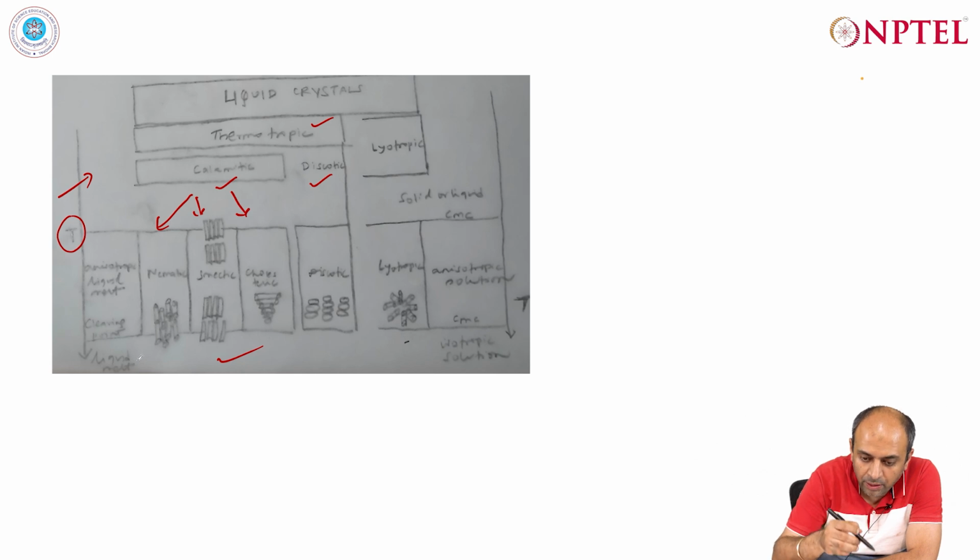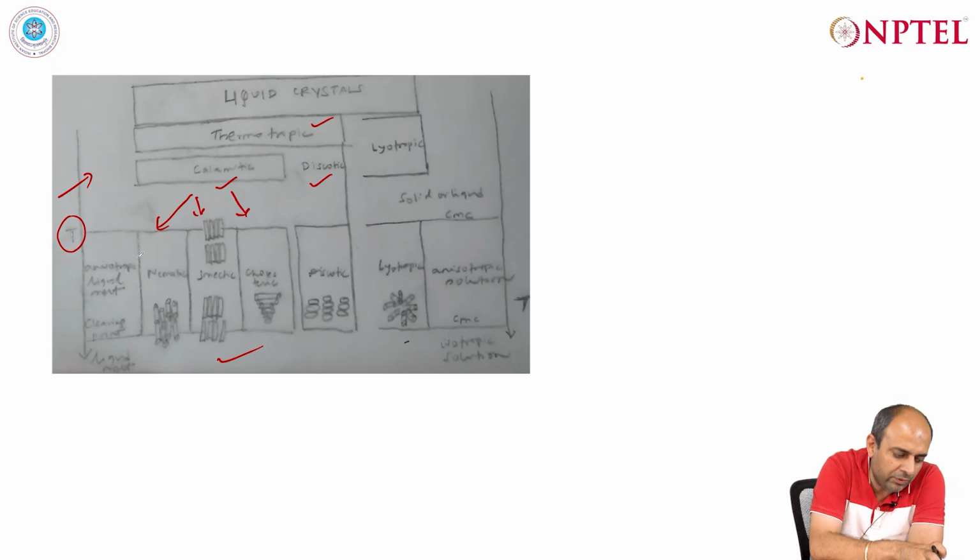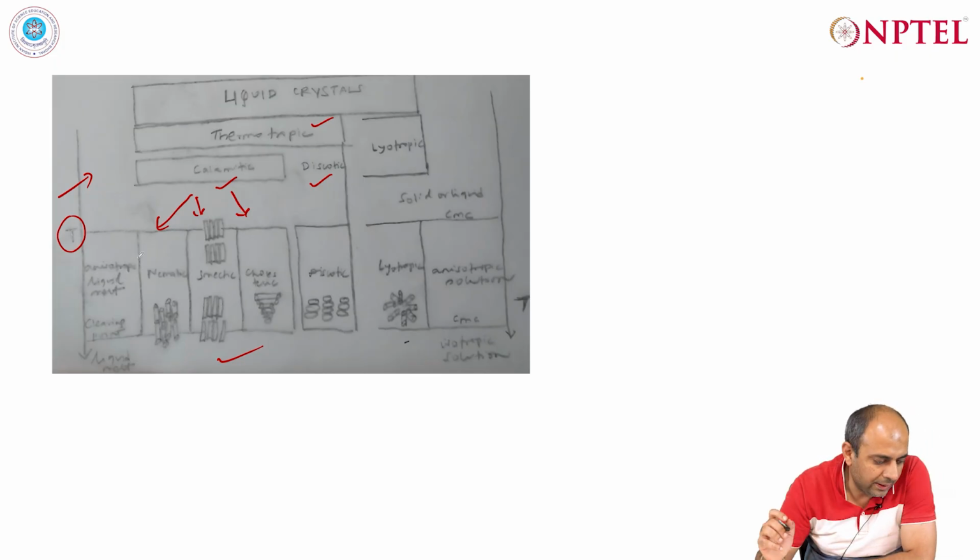And in between this initial configuration, that is the frozen configuration, the solid, and the final clearing point, there exists a state which is the anisotropic liquid state, where you have some degree of orientational order, and that we can refer to as the liquid crystalline state.